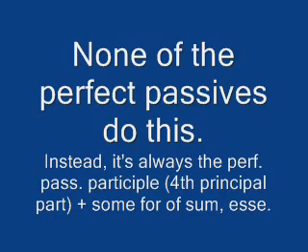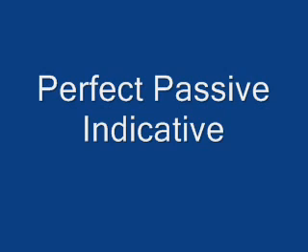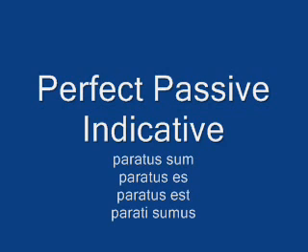Now, I said we were only going to look at the three tenses that correspond to the tenses we learned in the subjunctive so far, but I think it's smart to first glance at the regular perfect indicative passive, which is in the middle of the page also. Paratus sum, paratus es, paratus est, parati sumus, parati estis, and parati sunt.